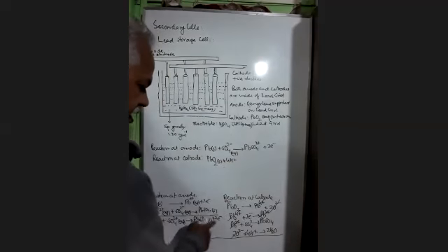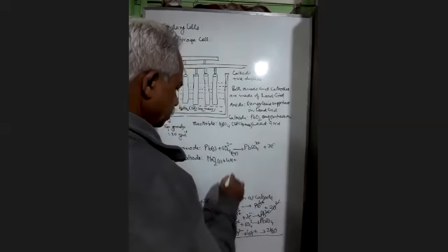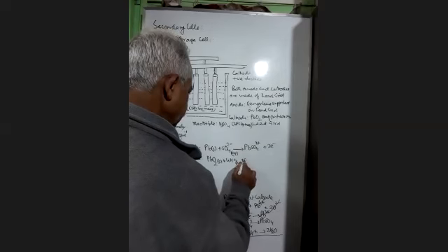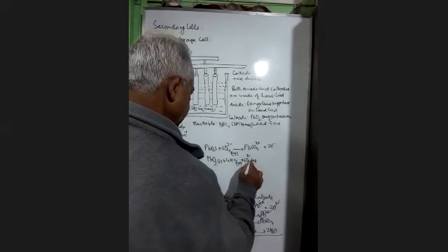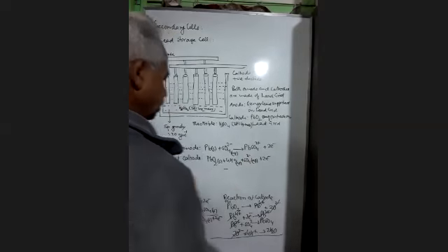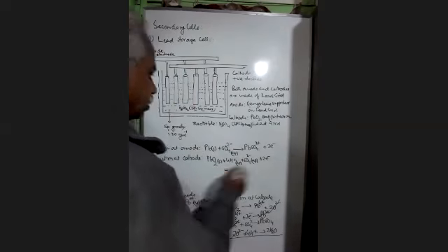PbO2, 4H plus, SO4 2 minus aqueous plus 2 electrons. Okay, so I'll make an equal sign here.